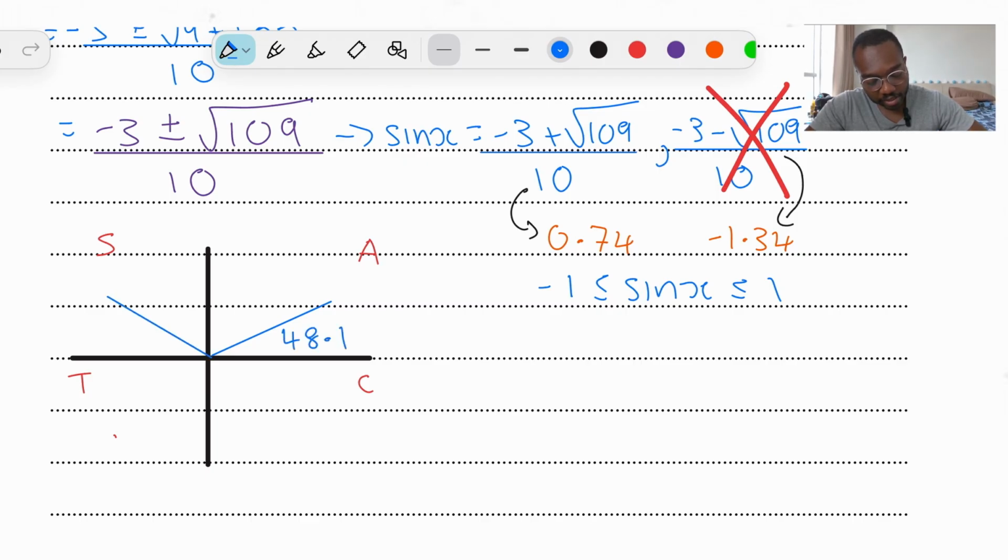And that also means that we're going to get 48.1 here because we want it when sine is positive. Those are the two regions where sine is positive, and we want it between 0 and 360. Therefore, x value would be 48.1, and it would be 180 minus 48.1, so that would be 131.9 degrees, and those would be our two solutions.